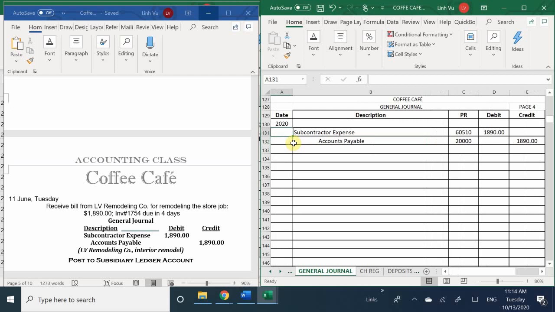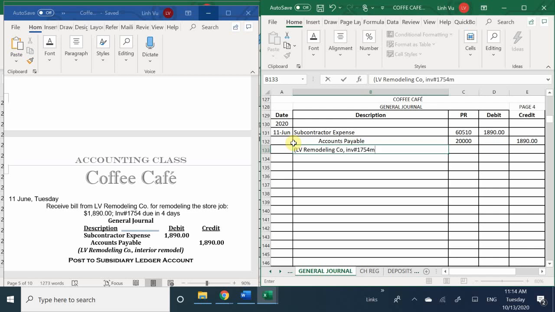Okay, and this was on June 11. So what I'm going to indicate here is my vendor, which is LV Remodeling Company. And the invoice that we received was number 1754.